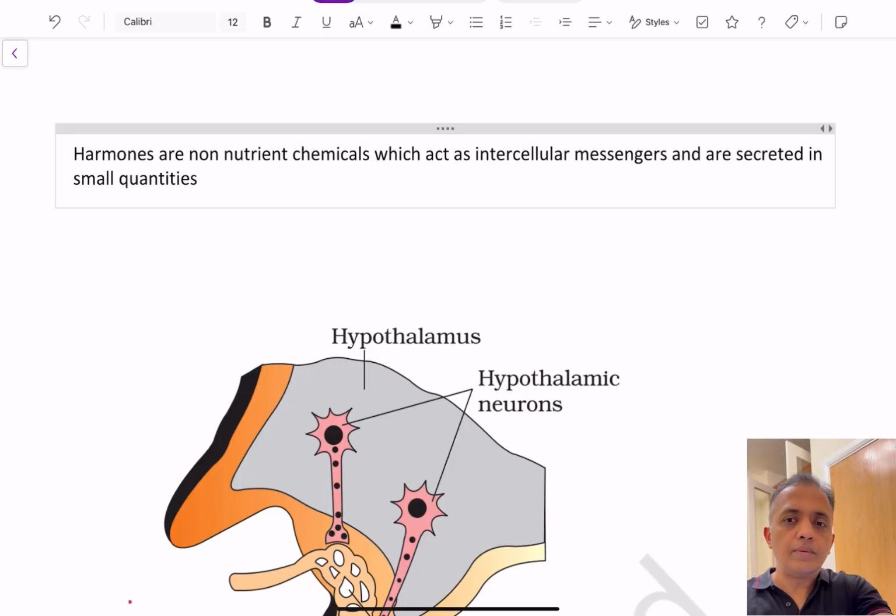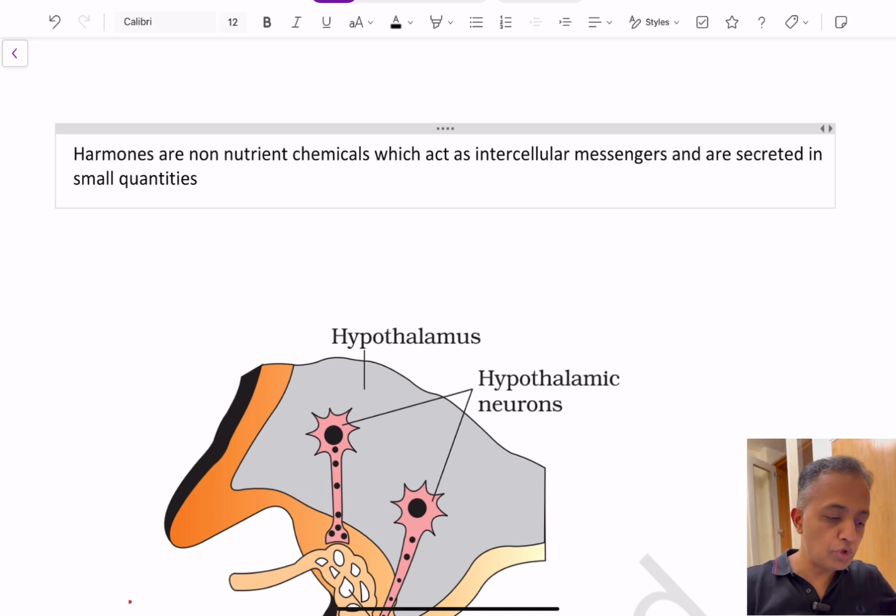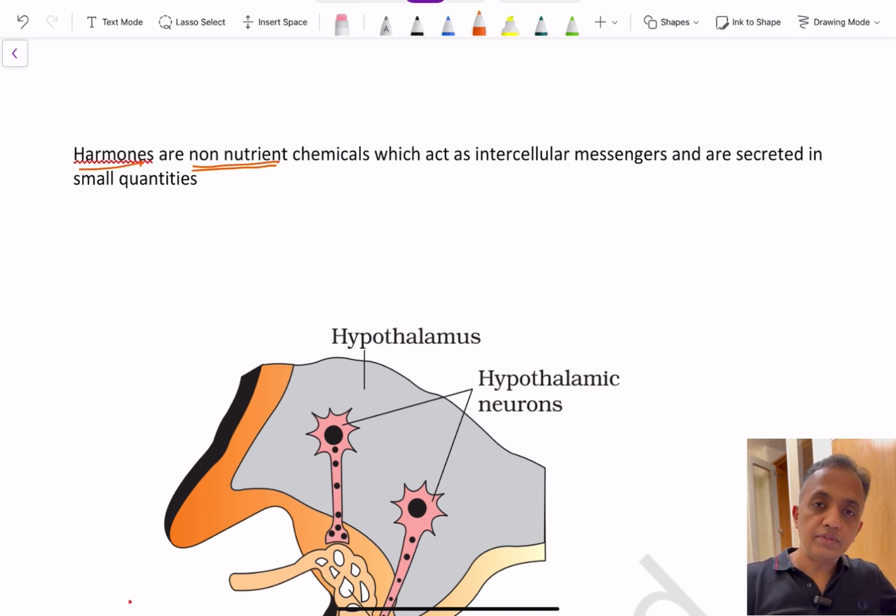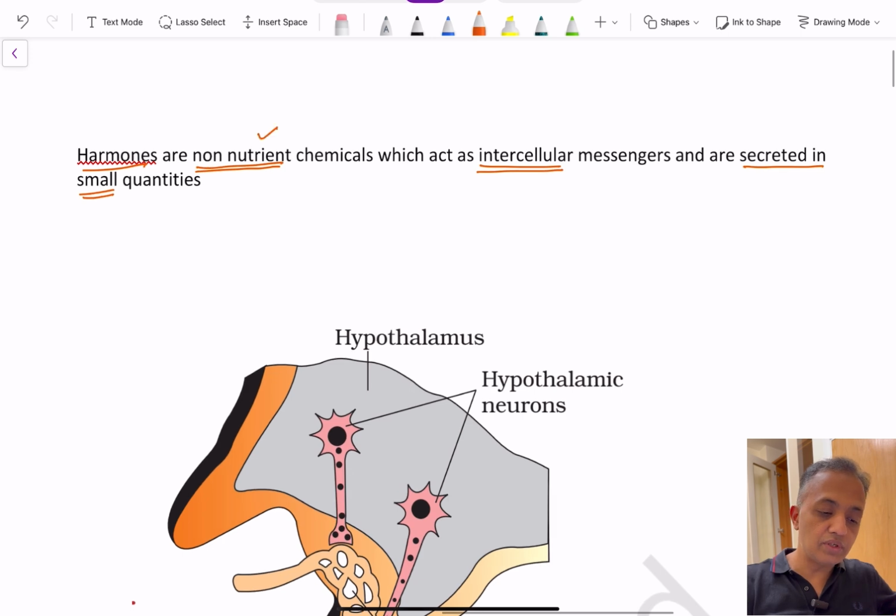You just need to know the definition of hormones. Hormones are non-nutrient chemicals that are intercellular messengers. It's not intracellular, it's intercellular, and they're secreted in small quantities. Usually the glands that secrete hormones are called endocrine glands.